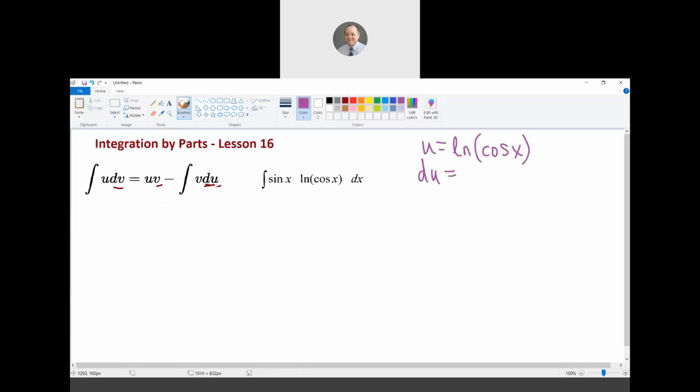So the derivative, remember the derivative of natural log is 1 over your given function, in this case 1 over cosine, times the derivative of your function, or derivative of cosine.